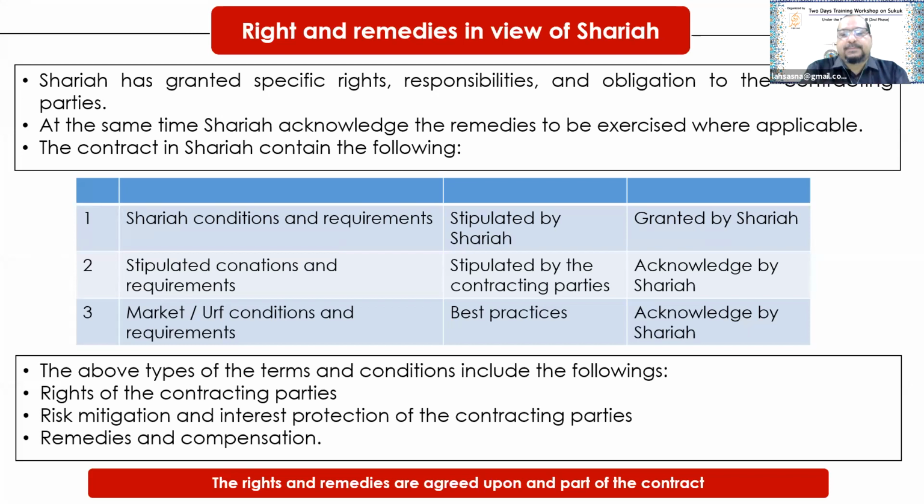I'll just give you an example. Musharaka. Musharaka is a non-binding contract. So in terms of Sharia, Musharaka is a non-binding contract. But the investor will say, we want to make this contract binding for 5 years or for 15 years, according to the tenure of the Sukuk issuance.